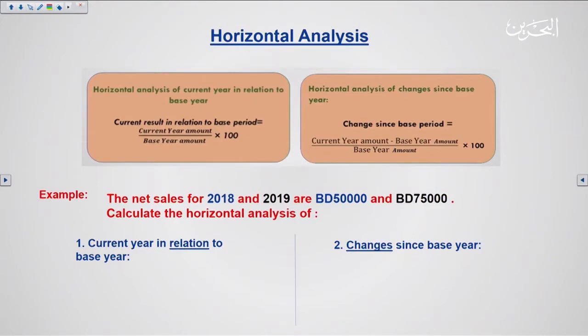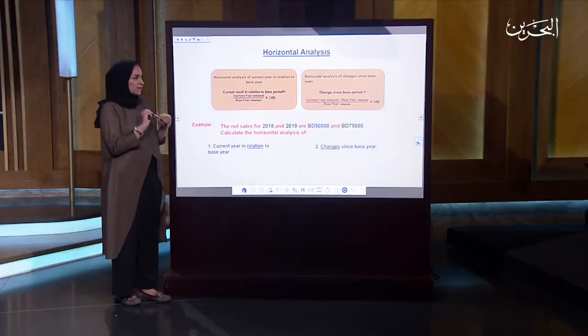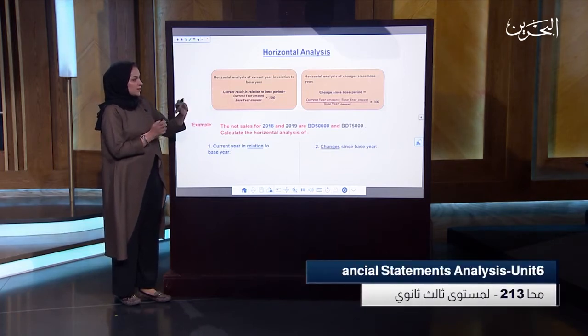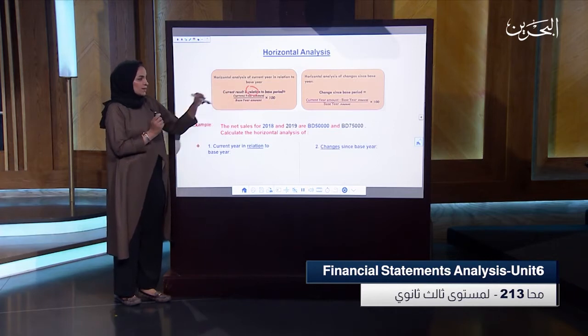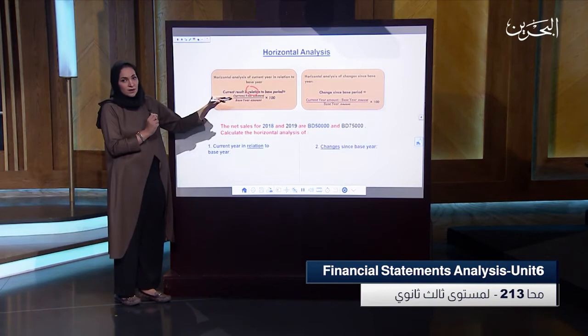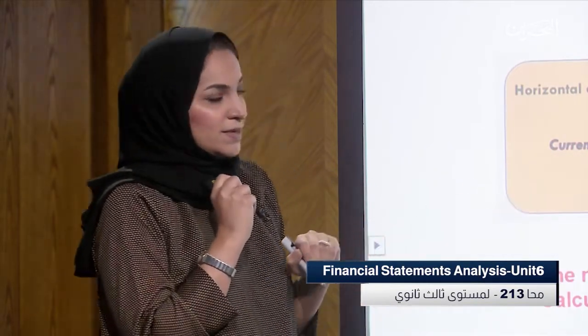Just a quick reminder, we explained already horizontal analysis. We said that we have two formulas. The first formula is current year in relation to base year. Okay, when we hear relation, it means current year amount divided by the base year amount multiplied by 100.